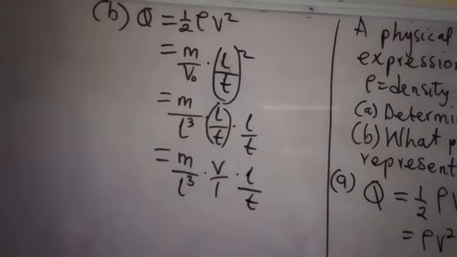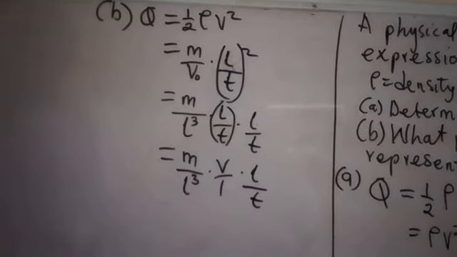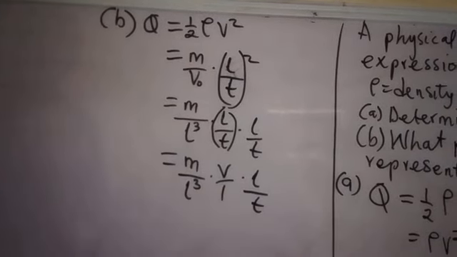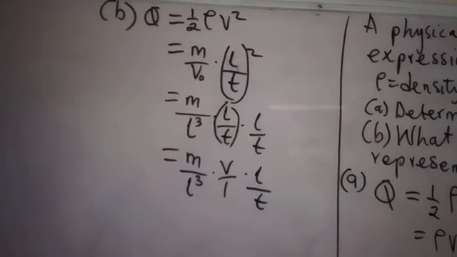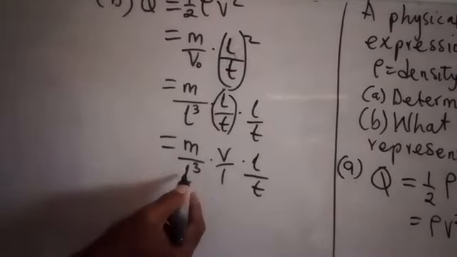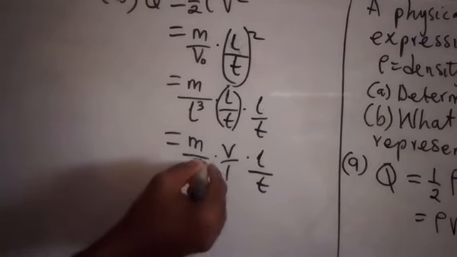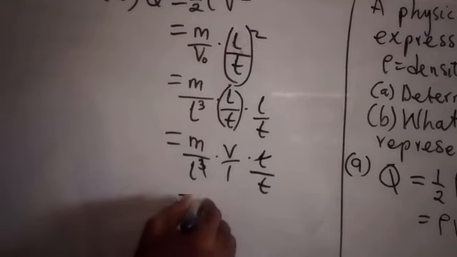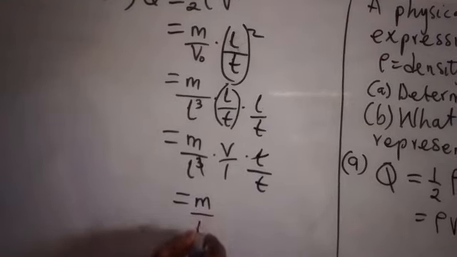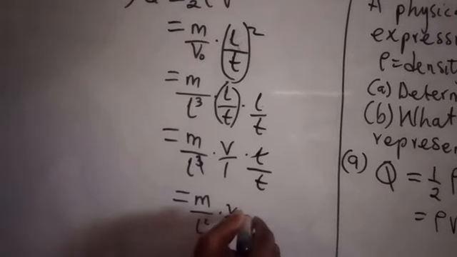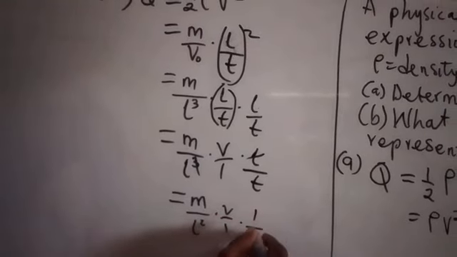Let me get something we're going to be familiar with. By indices, there's one L in the numerator, 3 L's in the denominator. So I'll cancel one here, cancel this. So I will have M over L squared times velocity over 1 times 1 over T.